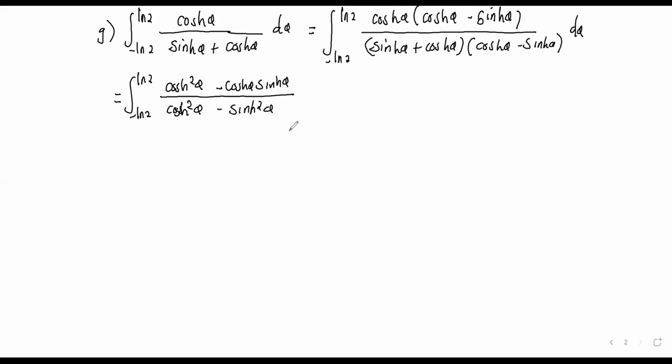Like that. But this is the identity. We know that cos squared minus sin squared is equal to 1. So we're going to have just the integral of this.